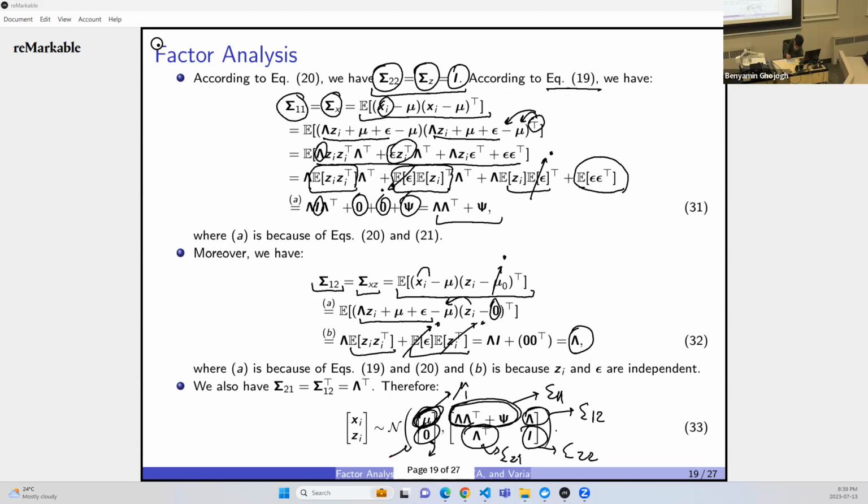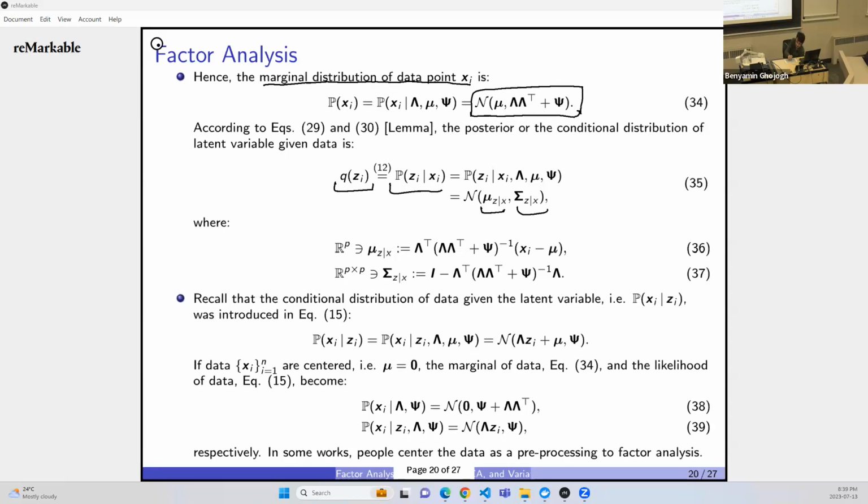Put all of these in the formulas of the lemmas. You will get these two equations. Okay? Mu of Z given X and sigma of Z given X. Do you understand what it means? It means that given X, I see the observed variable, the data. I must have some factor, latent factor. What is its mean and covariance? Interesting. Okay.